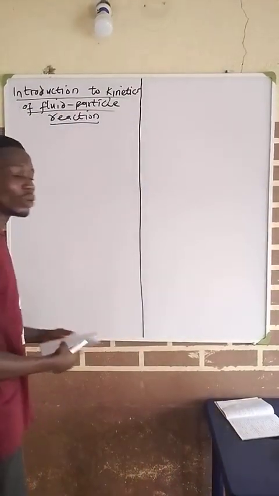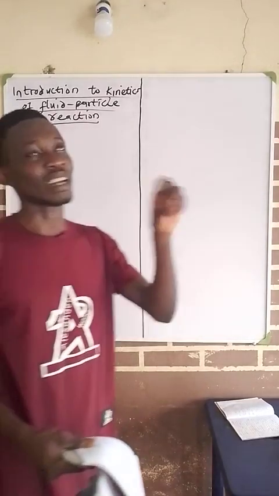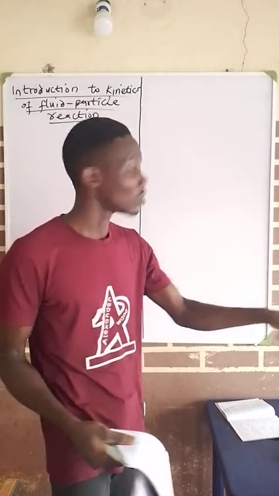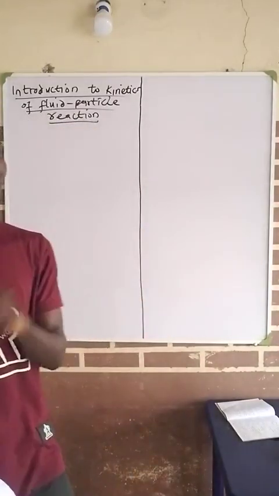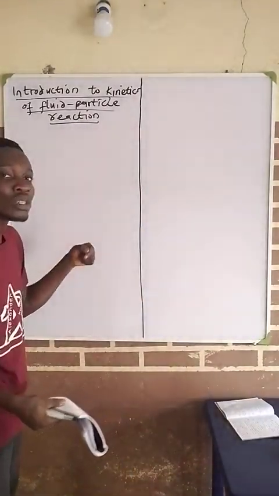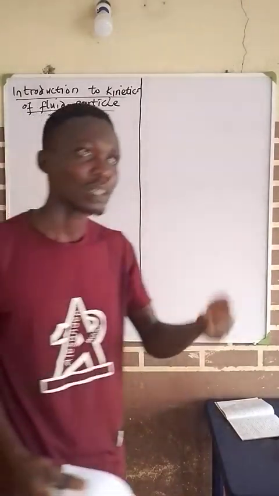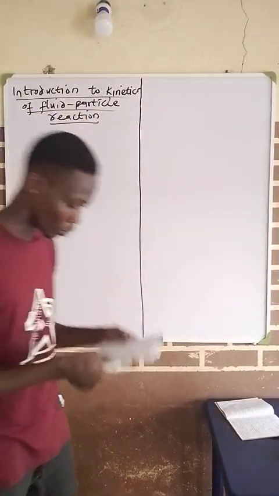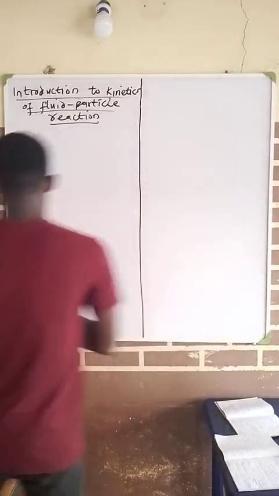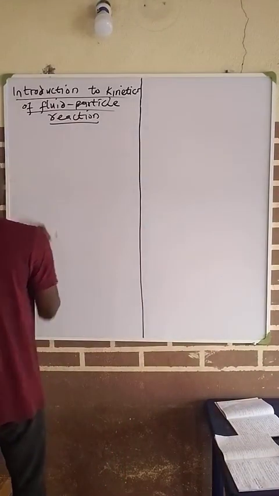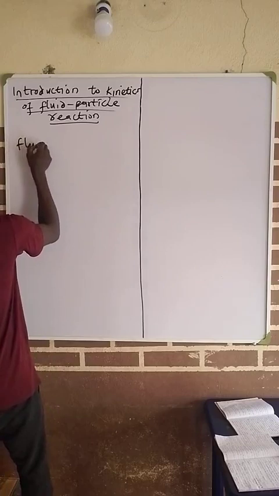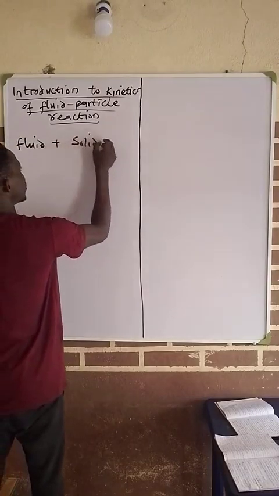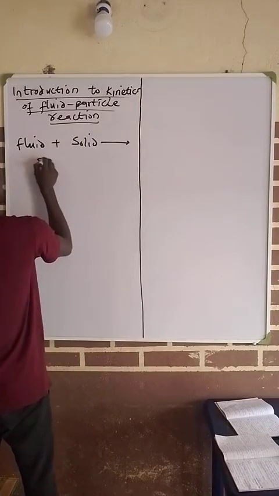So we are principally looking at the derivation of the kinetics, or the rate equations, of a heterogeneous reaction in which fluid contacts solid, reacts with it, and transforms it into what? Products. Such a reaction can be represented thus: fluid reacting with solid to give products.